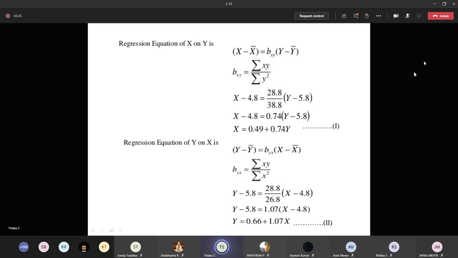We have to write the equation as it is. For x on y, it's x is equal to 0.49 plus 0.74y, and for y on x, y is equal to 0.66 plus 1.07x. Is it clear, guys?